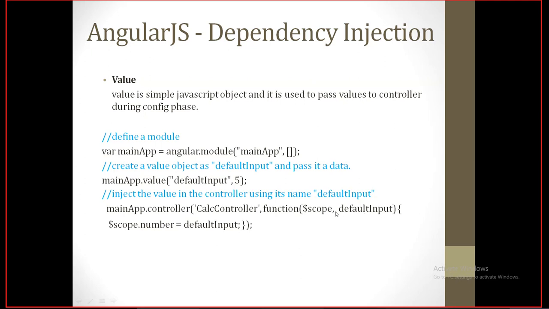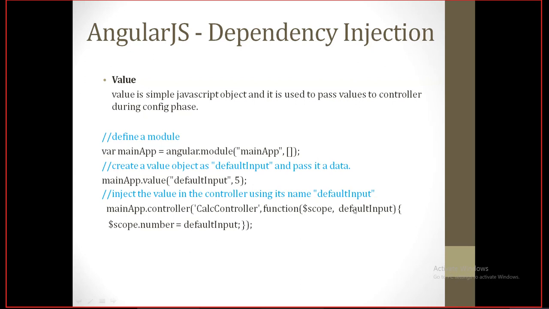Whatever dependency this controller requires, we are passing that dependency over here. So remember, we are creating the value object with the help of value function, and we are providing the name of that value object as an argument to the controller function.